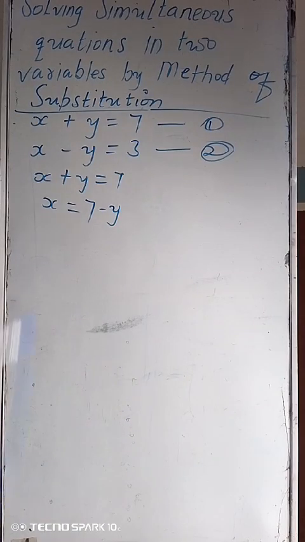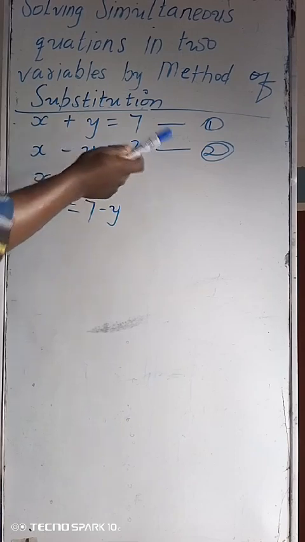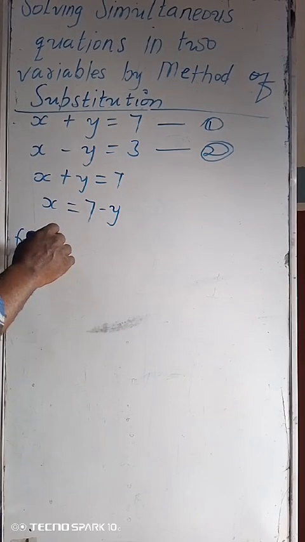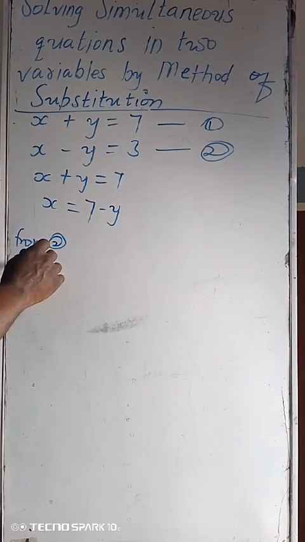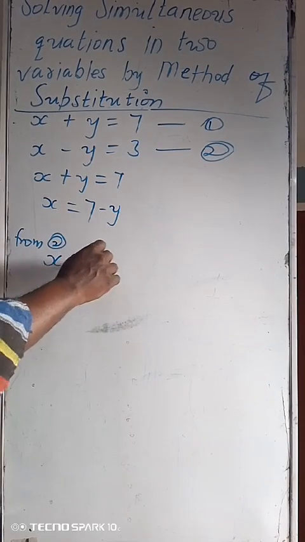So back to equation 2. We have x minus y is equal to 3.